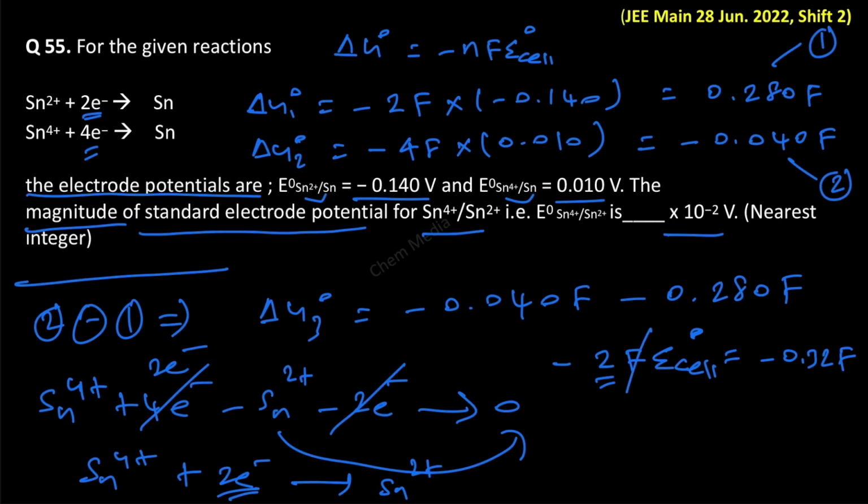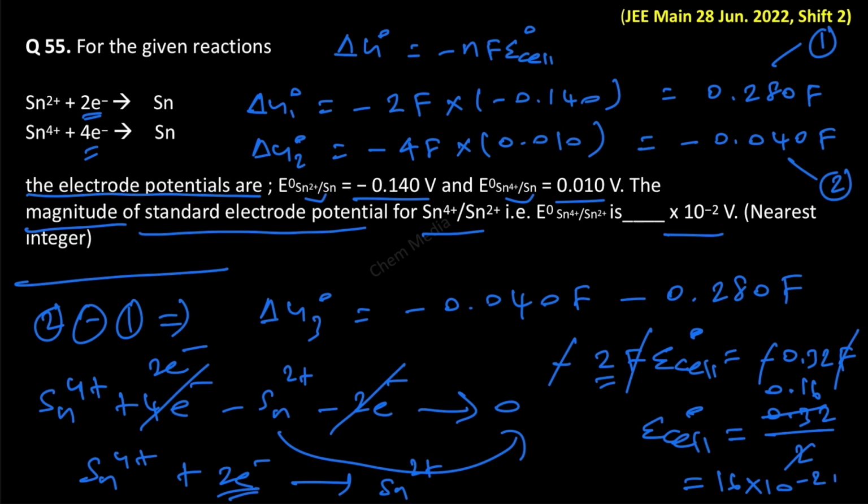So Faraday constant is common on both sides, therefore we can cancel that. Minus sign is also common on both sides, we can cancel that. So therefore Ecell standard is equal to 0.32 divided by 2, and that would be 0.16, which we can write as 16 times 10 to the power minus 2 volt. So therefore 16 is the correct answer here.